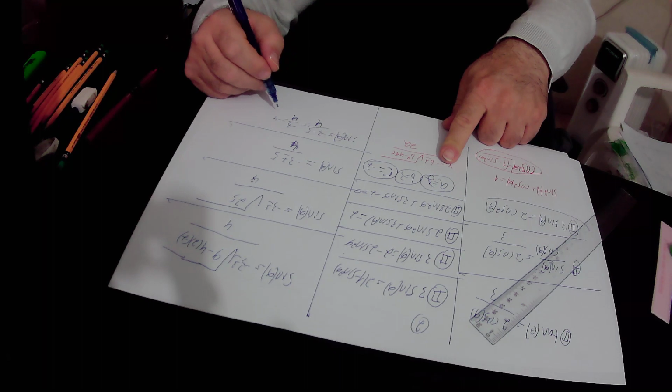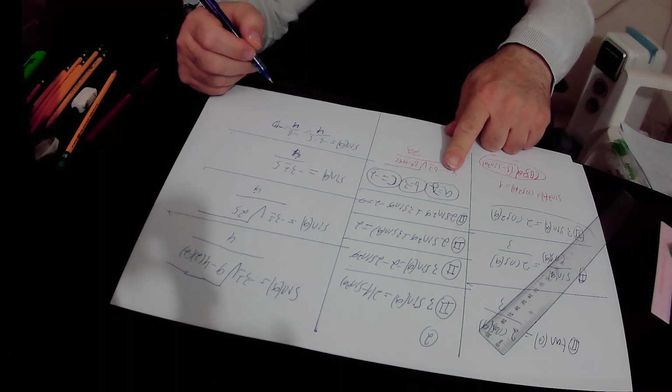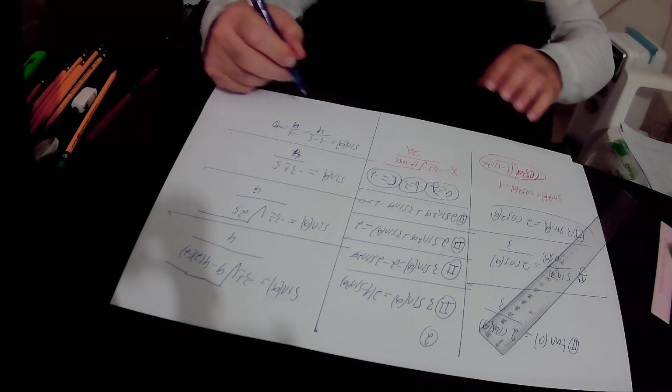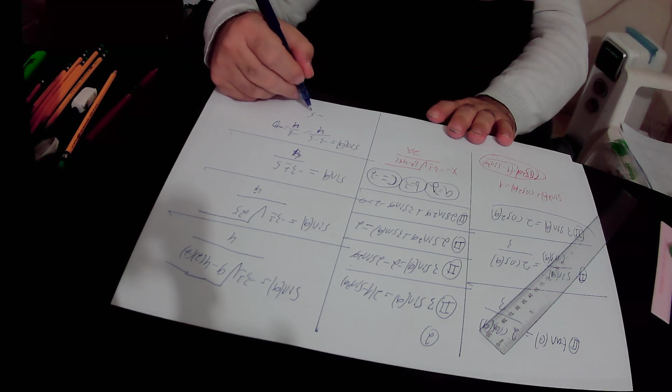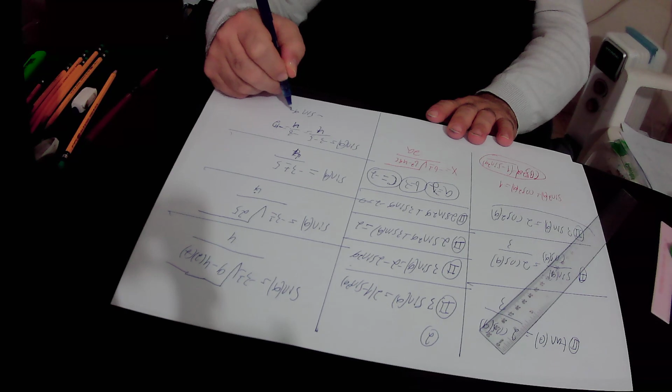Minus 8 over 4 is minus 2. So we found that sinus alpha equals minus 2, according to the first solution.